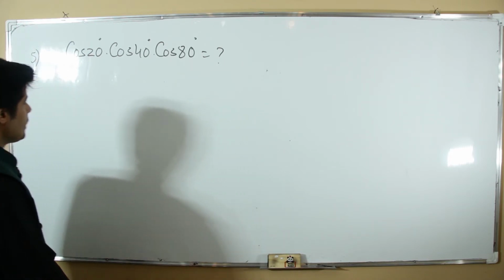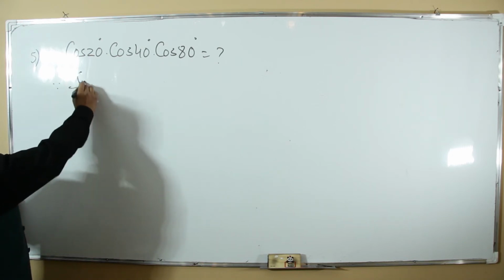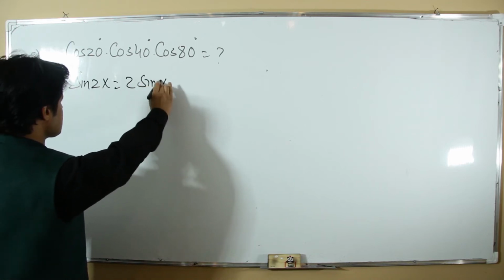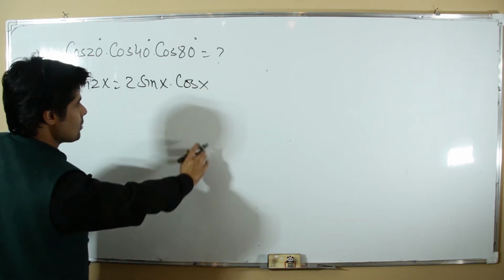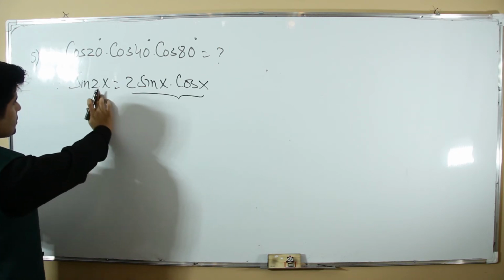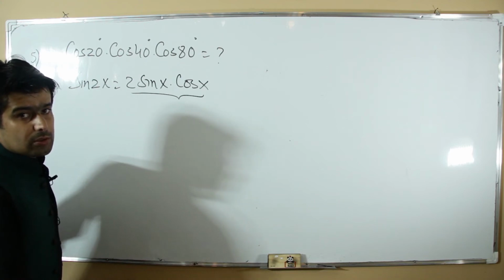One thing you know, in the multiplication case, we have one formula, which is sine of 2x is 2 sine x times cosine x. What do I mean? If I have 2 sine x cosine x, I can write sine 2x.